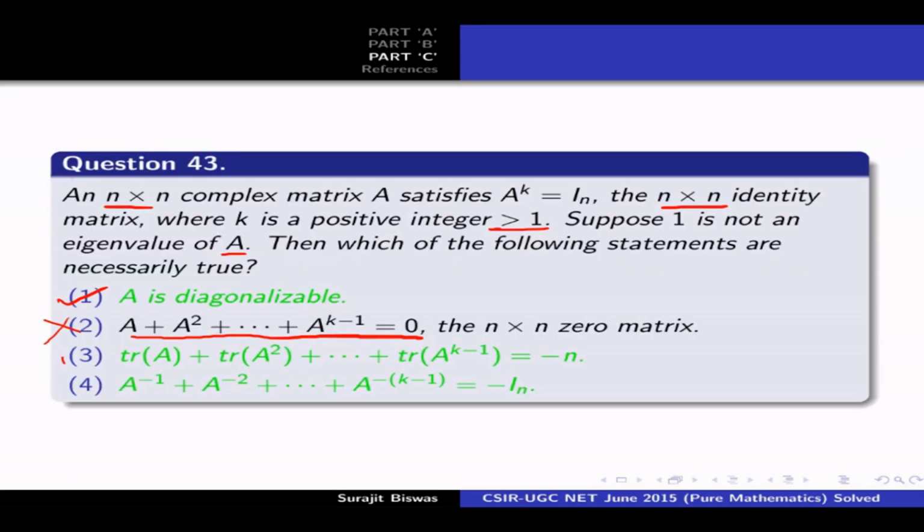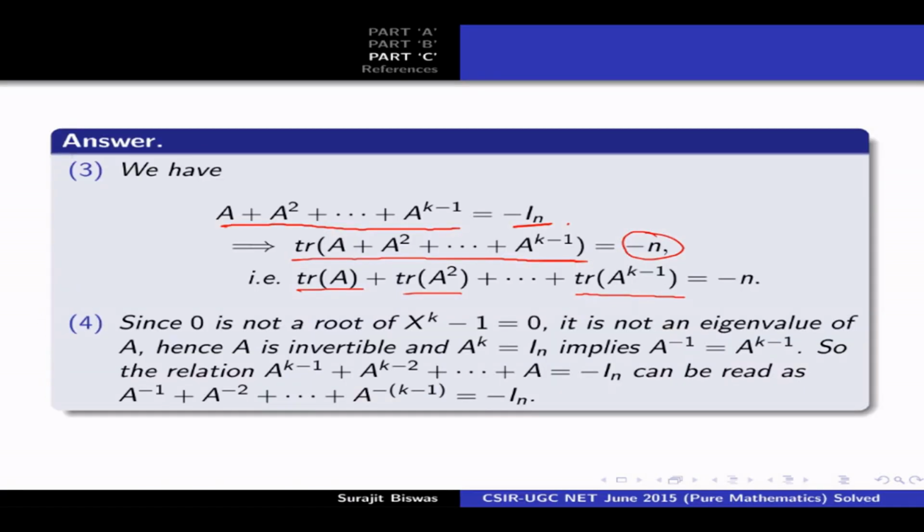And the fourth option says we need to check whether A inverse plus A to the power minus 2 plus ... plus A to the power minus (k minus 1) equal to minus In. So since 0 is not a root of x to the power k minus 1 equal to 0, it is not an eigenvalue of A. Hence A is invertible, and A to the power k equal to In implies A inverse equal to A to the power k minus 1.